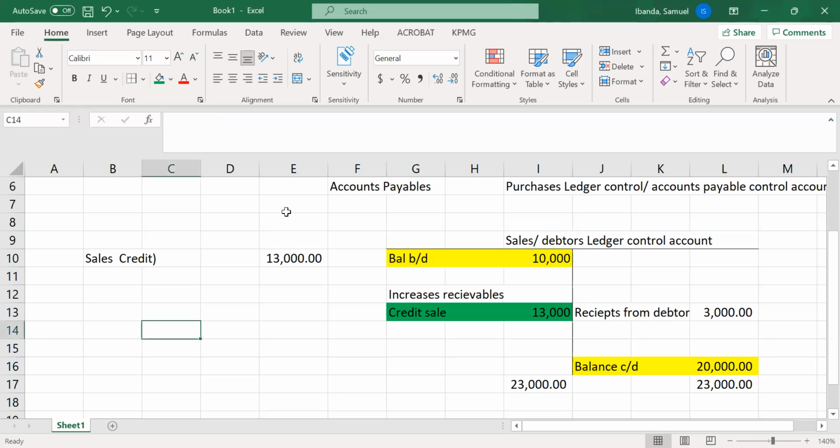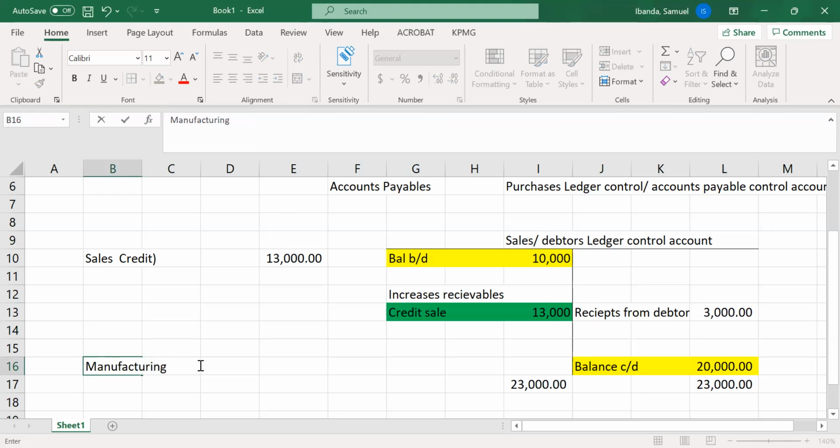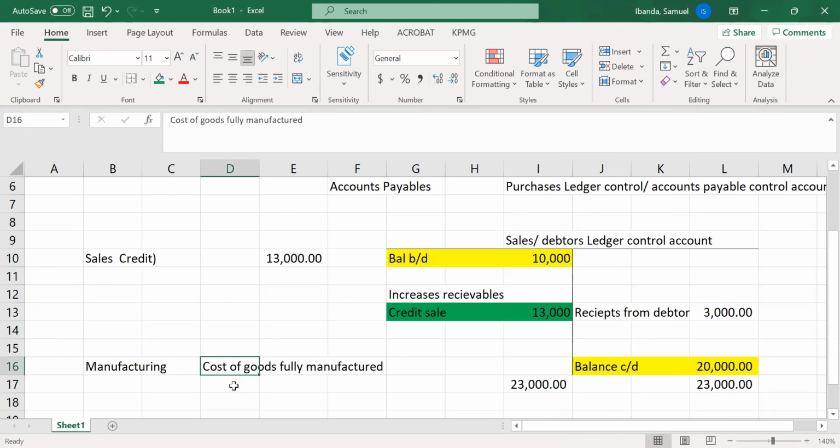The reason why we draw up the manufacturing account is basically to determine the cost of goods fully manufactured. So for you to answer yourself on whether depreciation for the factory assets is included here, you should ask yourself, is the depreciation for the factory assets part of the cost of my goods?